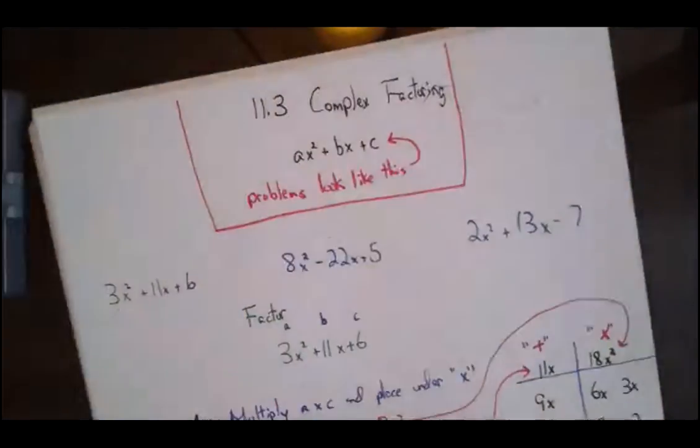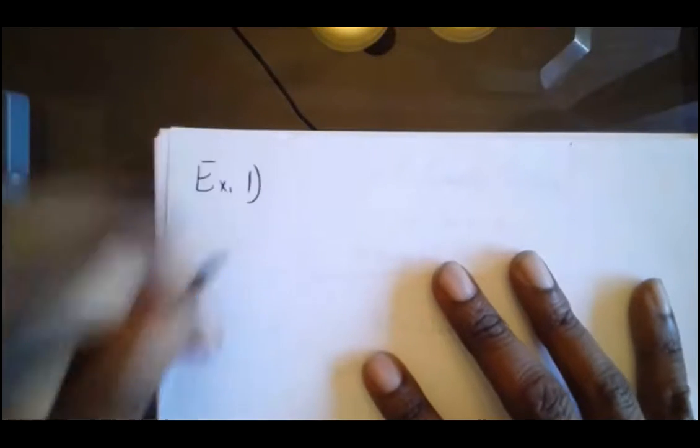So here's example 1. This is going to take some time. Usually when I do this, it takes people a while. So just give everybody time to work this out.